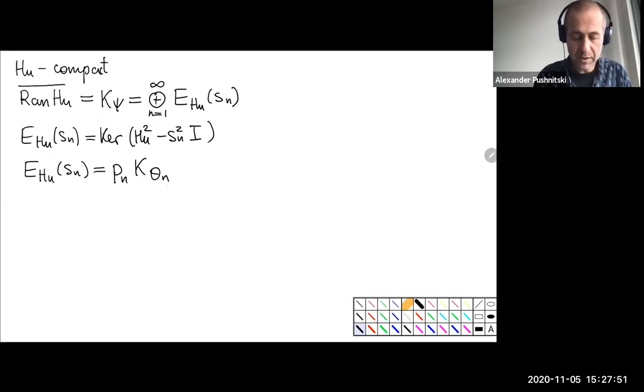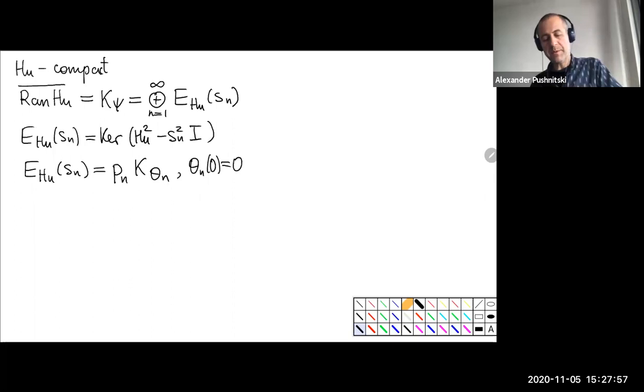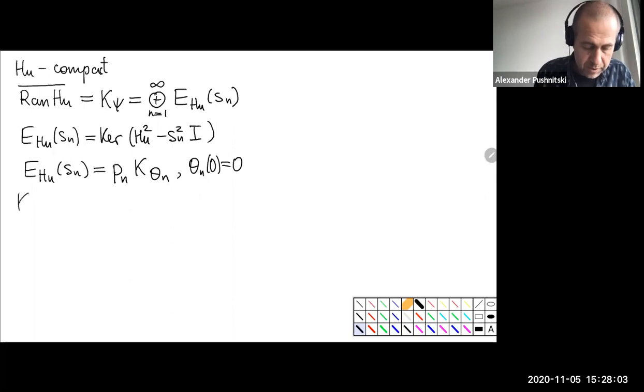Remember that P_n and theta_n are not unique, but if we normalize like this, then these parameters become unique up to unimodular constant factors. So we have this decomposition.